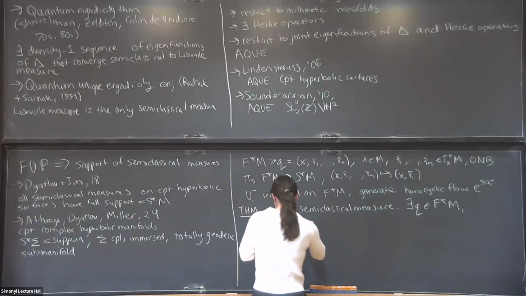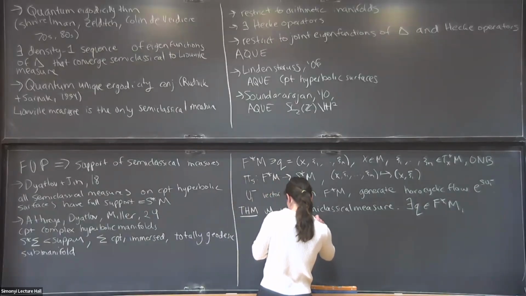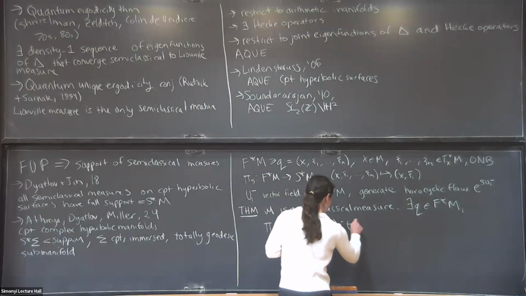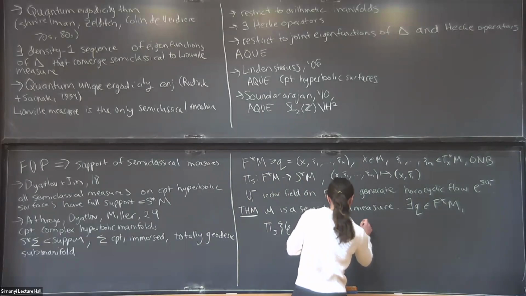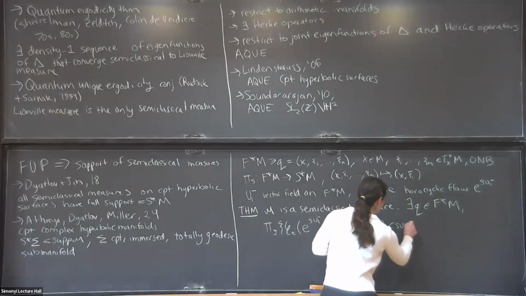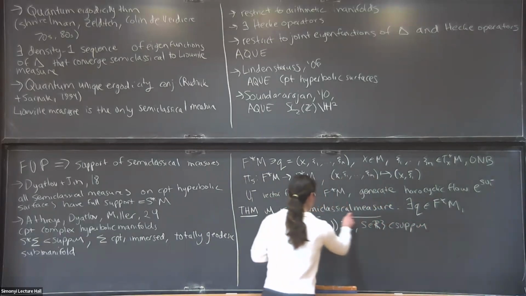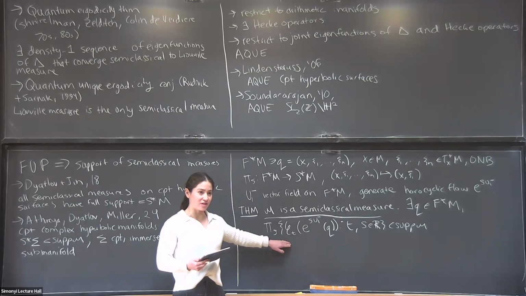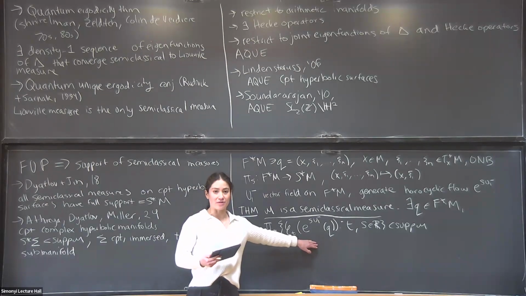We're looking at this set here, and this is contained in the support of my semiclassical measure. So recall again, this is my geodesic flow. This is my one parameter unipotent flow.